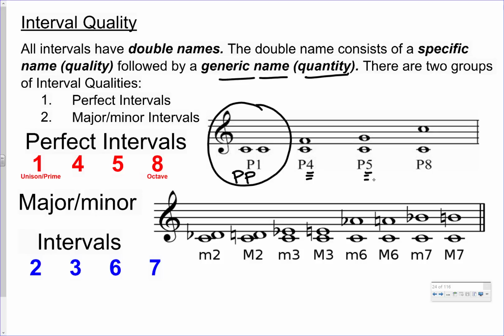The generic number is a 5, and since it's a 5, it's a P5, or a perfect fifth. And the last one is an octave, so we call that a P8, because the generic number is 8, 8 is considered a perfect interval.